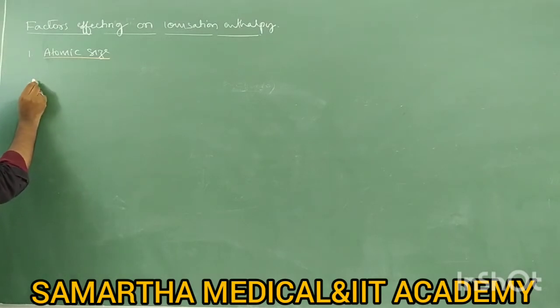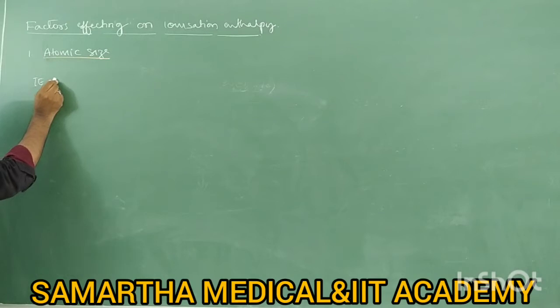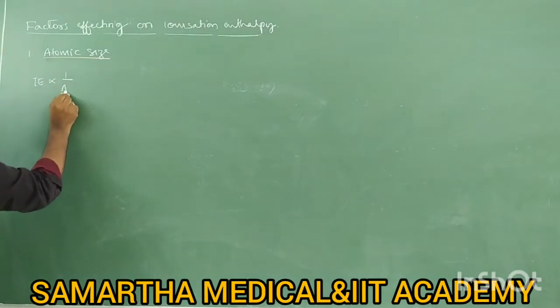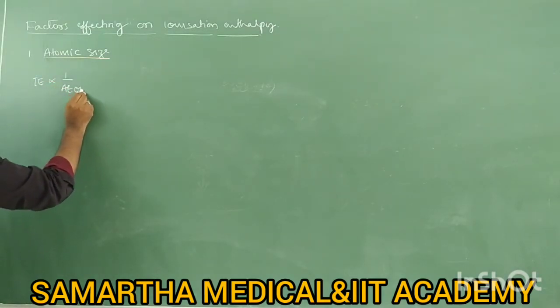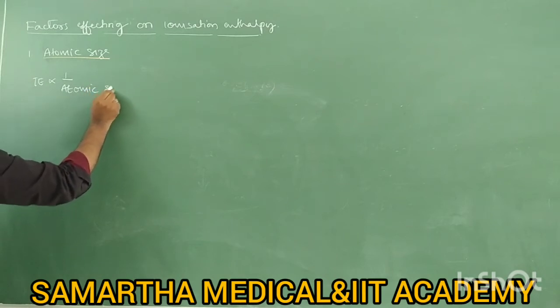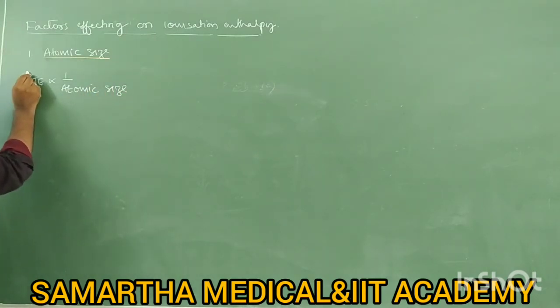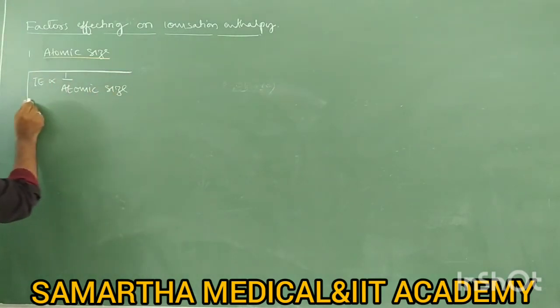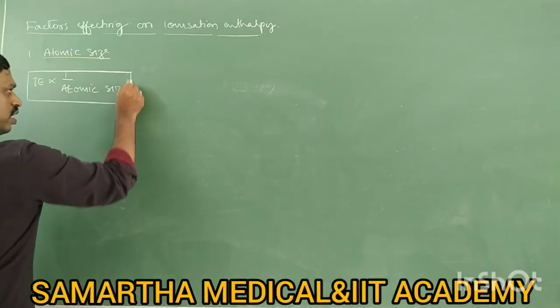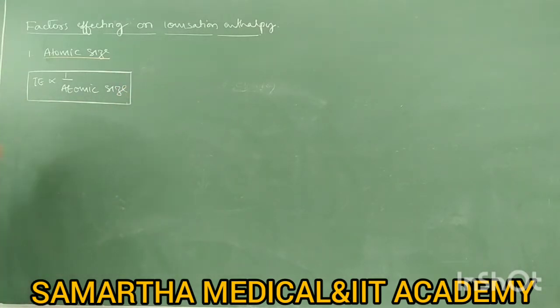I'll write once again, ionization enthalpy is inversely proportional to atomic size. It means ionization enthalpy increases when atomic size decreases, and ionization enthalpy decreases when atomic size increases. It means both are inversely proportional.